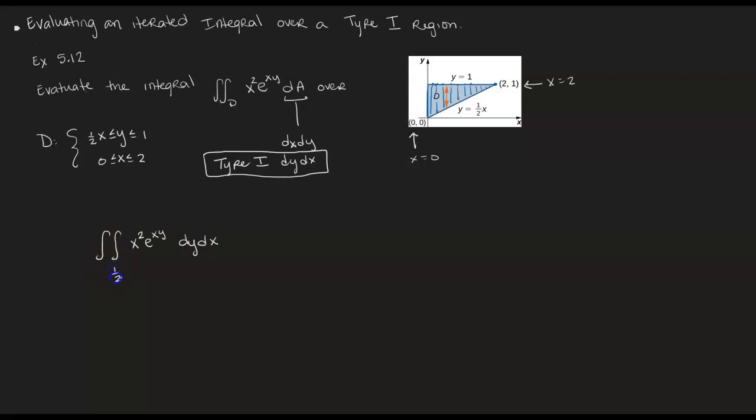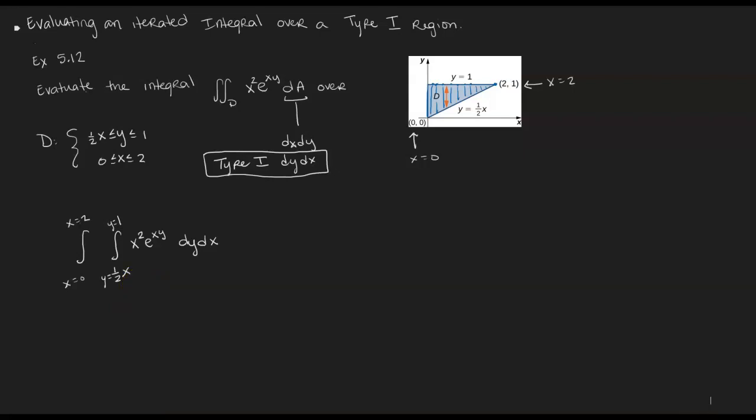We'll go from 1/2 x on the lower bound for y up to 1. And then I'm going to keep the y equals notation so we can remember that those inside integrals are y values. The outside integral is for x values. X goes from 0 to 2. And then from here we just integrate as usual.